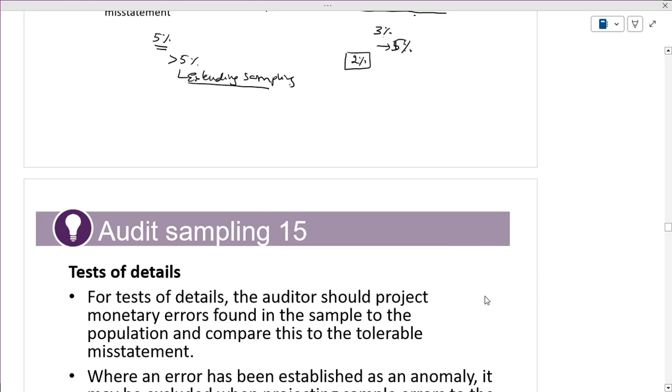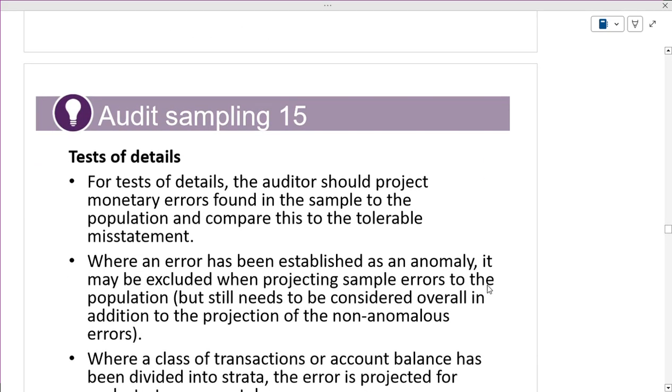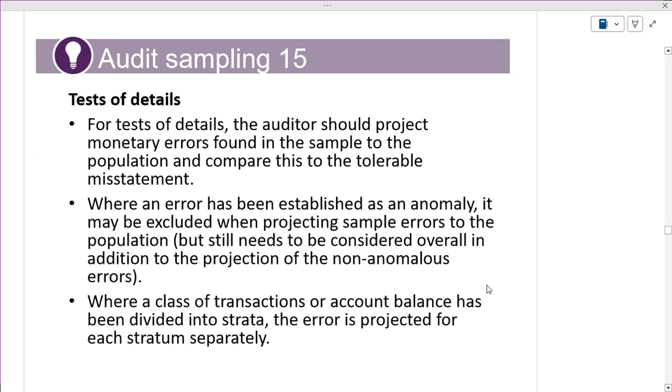Here we are making projected monetary errors. We are not making a projection there. How is it differentiated? If we go to the next one, see the thing. For test of details, the auditor should project monetary errors found in the sample. We have to make our own projection. Assume you are making a projection of 5%, and compared to this, the tolerable misstatement is, assume, 3%.